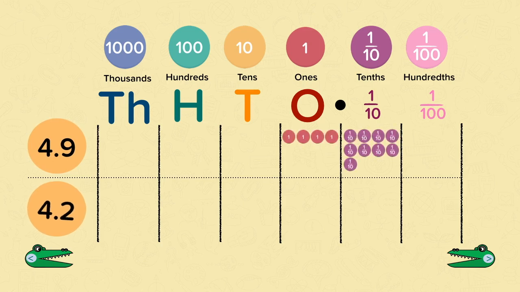And now 4.2, that's got 4 ones and 2 tenths. So we start by comparing the ones. Both numbers have 4 ones, so then we move to the tenths. 4.9 has more tenths, so that means that 4.9 is the biggest number.